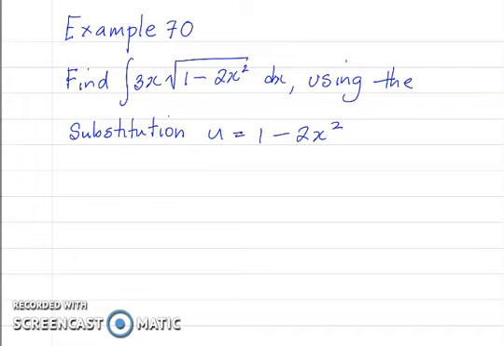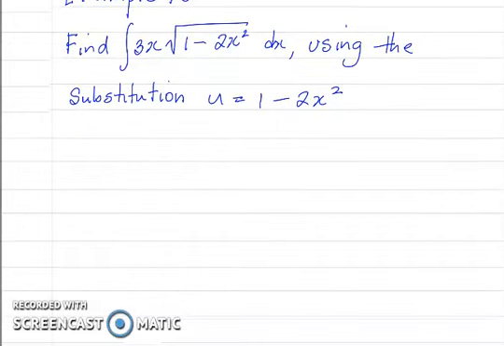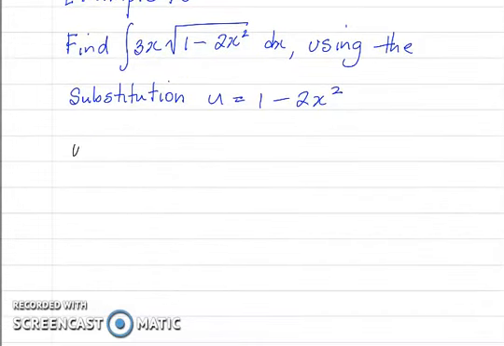Example 70 says: find the integral of 3x times the root of 1 minus 2x squared dx using the substitution u equals 1 minus 2x squared. So we'll start out by saying u is equal to 1 minus 2x squared.